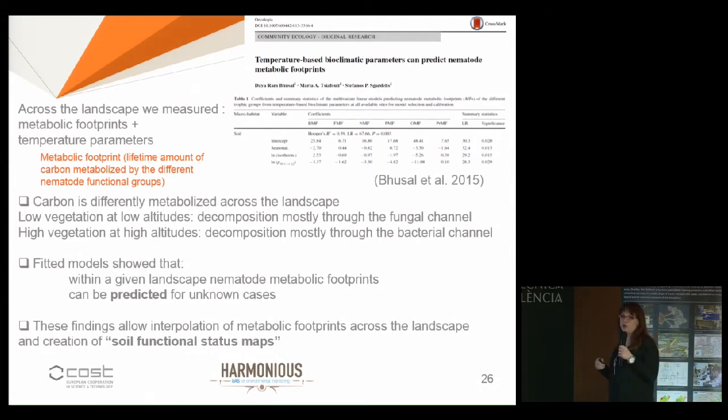and calculated metabolic footprints. Metabolic footprints are the measure of carbon metabolized by nematodes, by the different functional groups. Again there is no time to explain the models, but we found that carbon is differently metabolized across the landscape. You have slower decomposition when you have fungal-dominated channels, like in areas of low vegetation, and faster decomposition in areas at higher altitudes with higher vegetation.